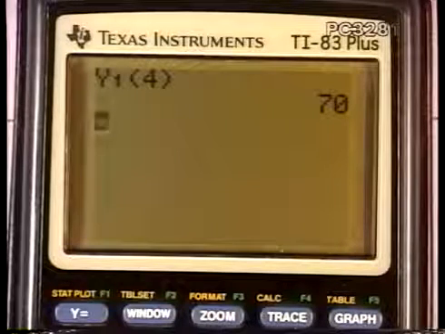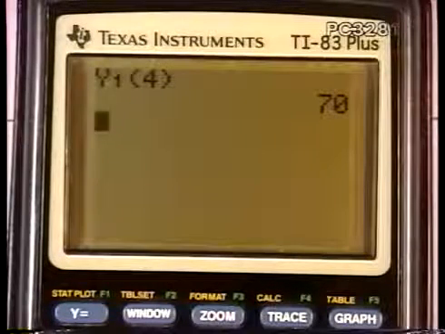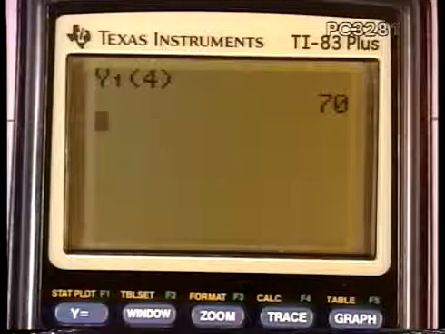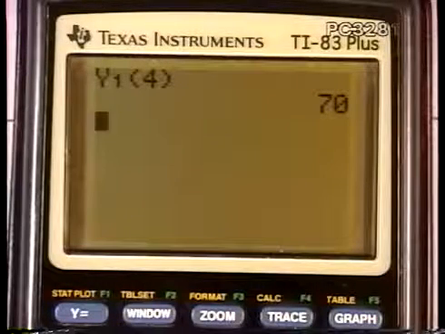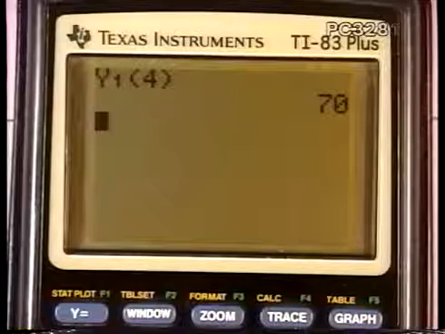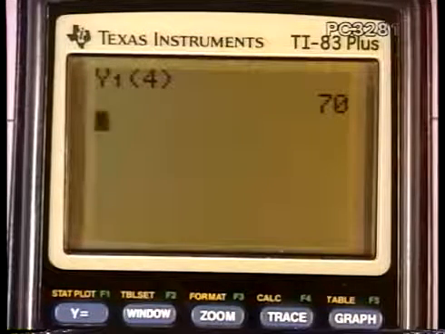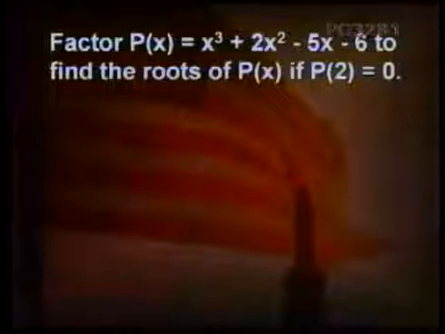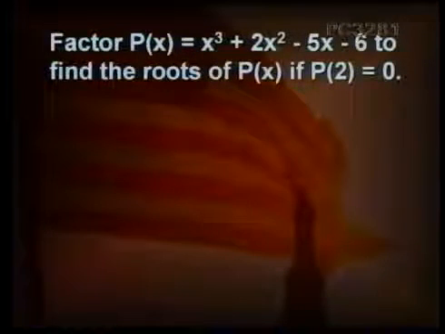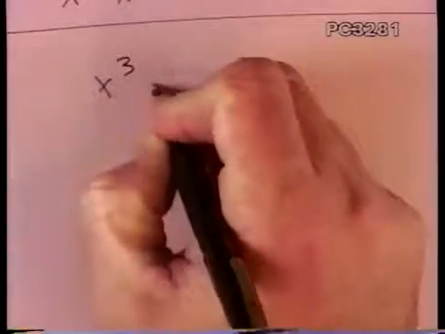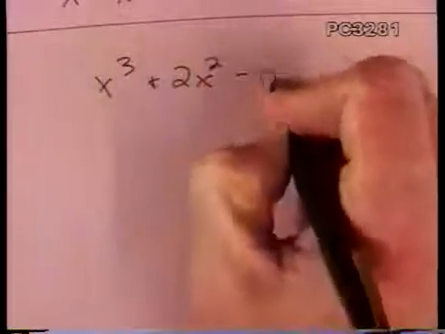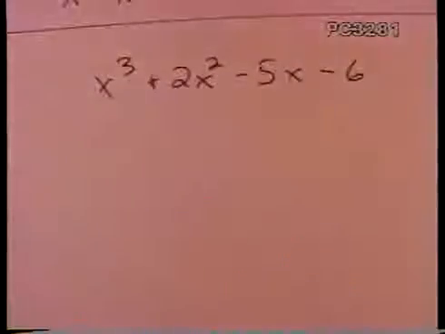We can go through that and verify that if you want to. This was my polynomial right here, x cubed plus 2x squared minus 5x minus 6.